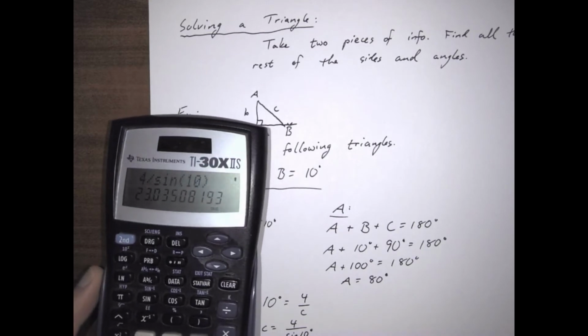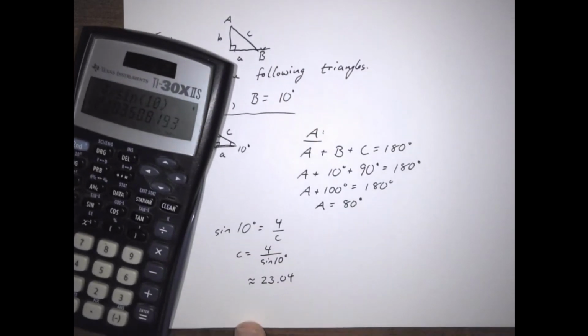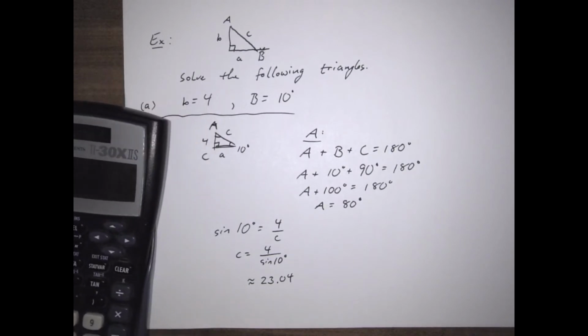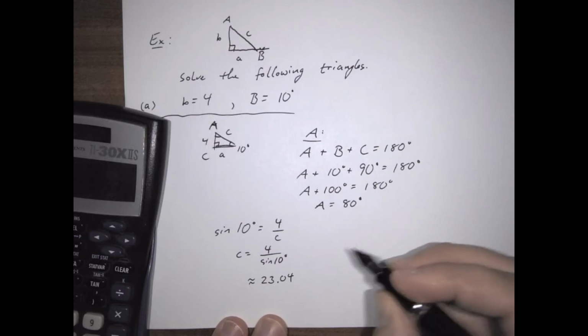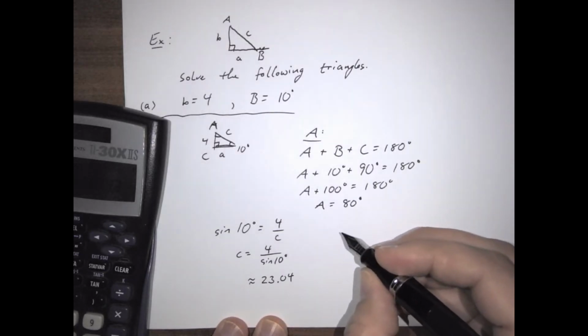We will round to the nearest hundredth in all these. That's what your online homework will ask, so that's what we'll do too. Okay, so I got c now. Now, if I want the big C, that one was already known to be 90 degrees.